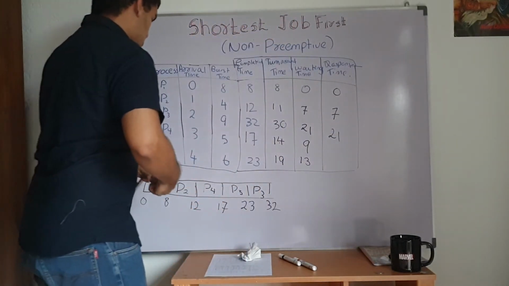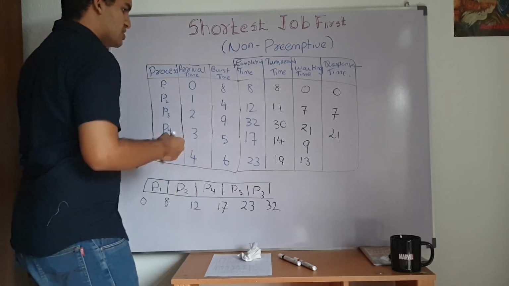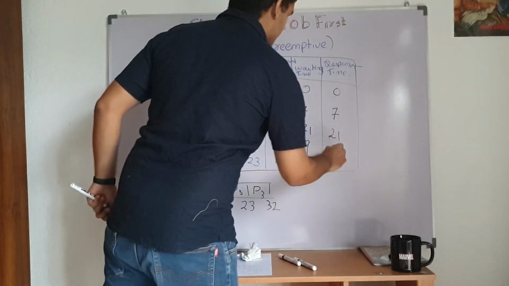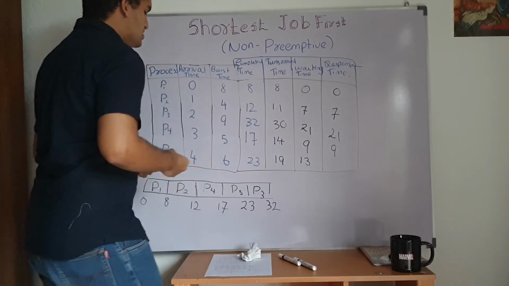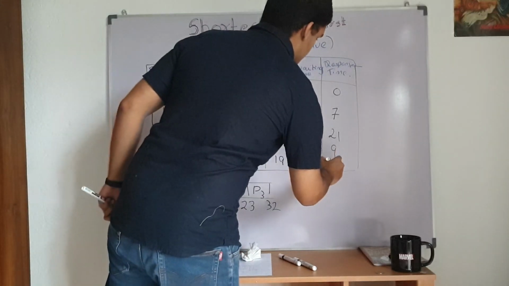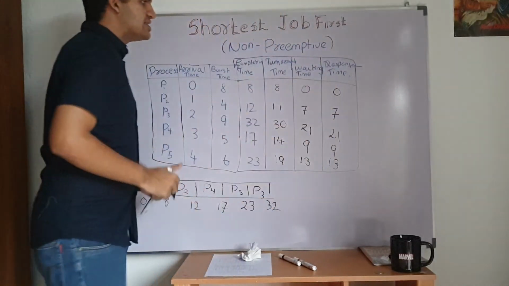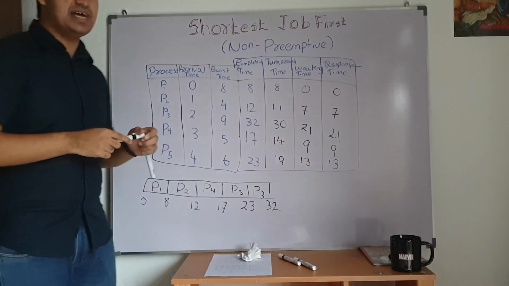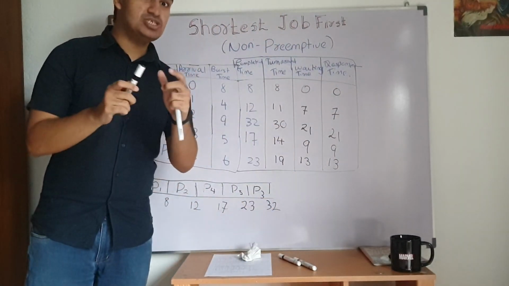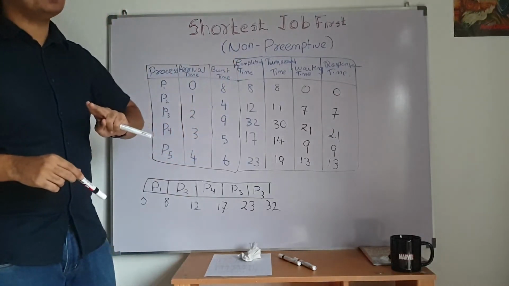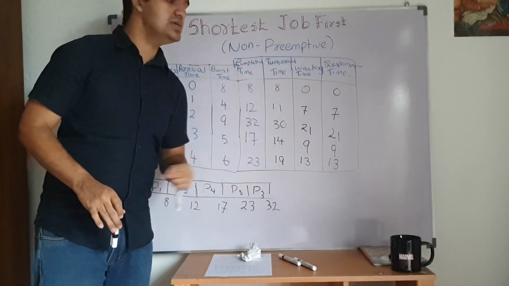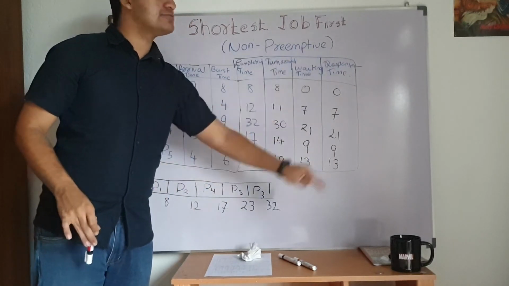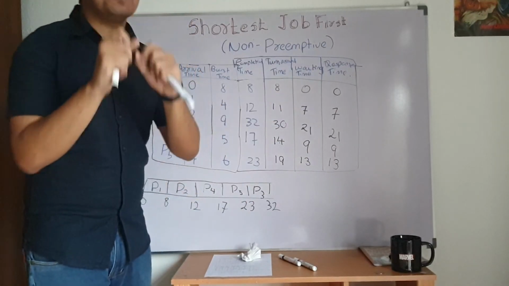P4 starts at 12, 12 minus 3 is 9. P5 starts at 17, 17 minus 4 is 13. So you can see a pattern: waiting time and response time are both the same. This is true only for non-preemptive, in any algorithm. The waiting time and response time will surely be the same.